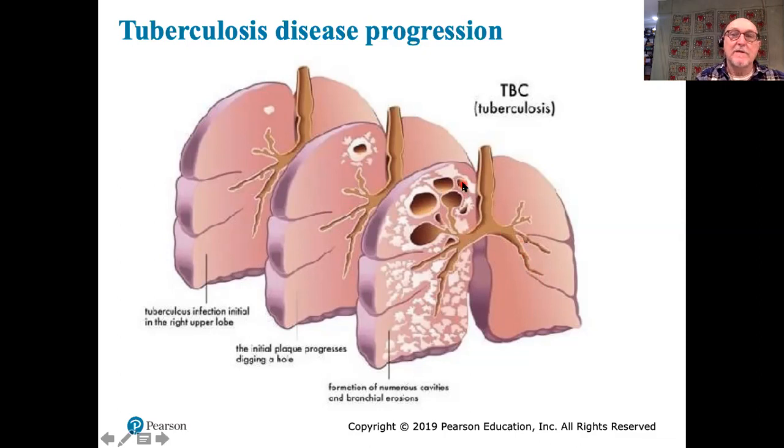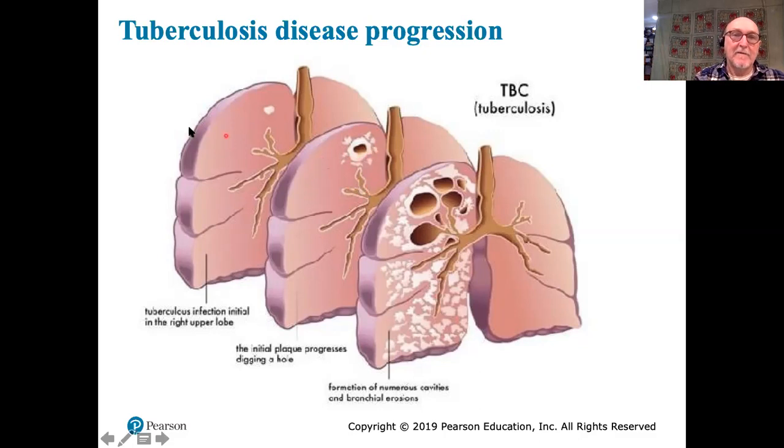Another form of treatment was at an early stage like this, when it was well isolated in one part of the lung, you could actually have that lobe removed by surgery, or else you could have the lung collapsed, and the lung would then stop functioning as a lung, but this tissue would all become scar tissue, would coalesce into connective tissue, and isolate this focus of infection away from the rest of the lung. That was a frequent treatment.